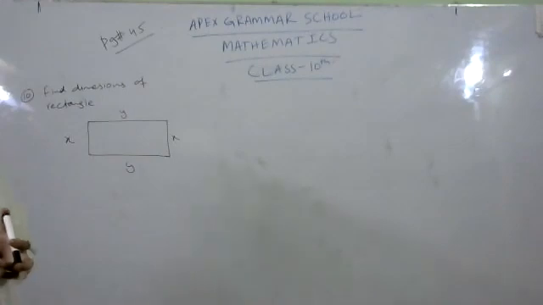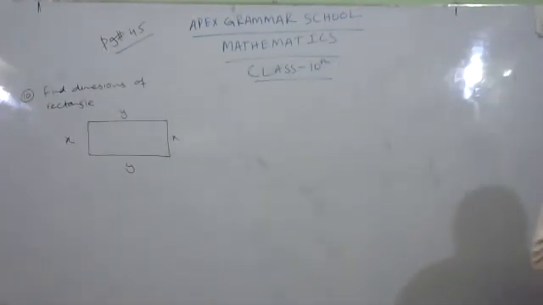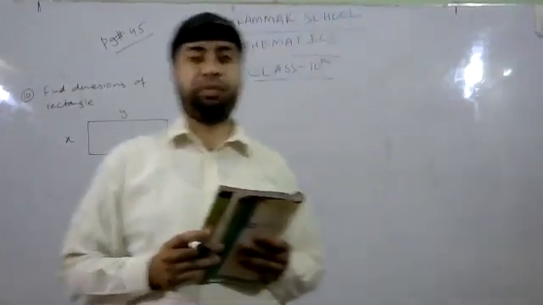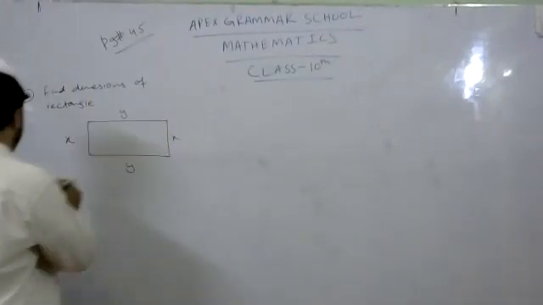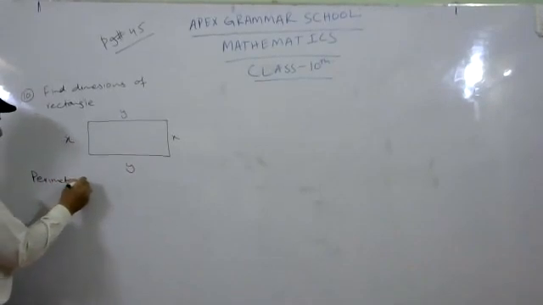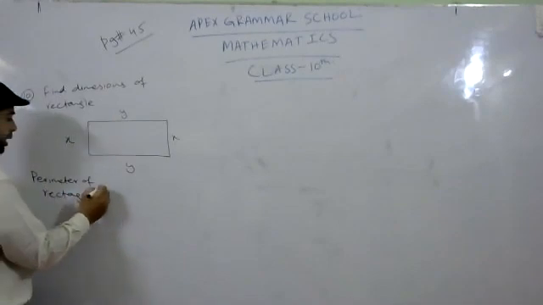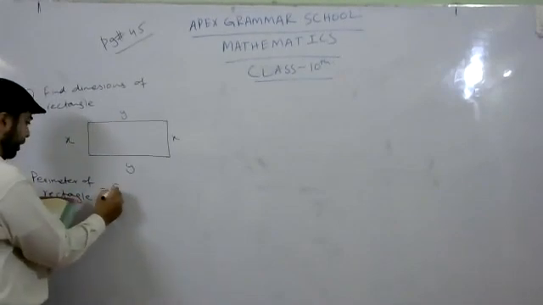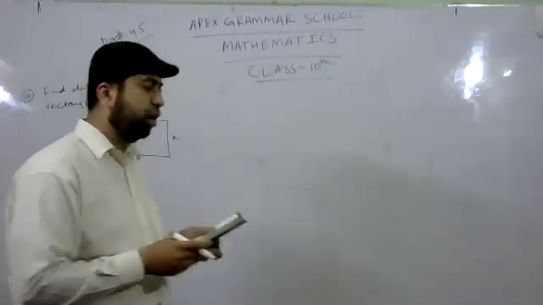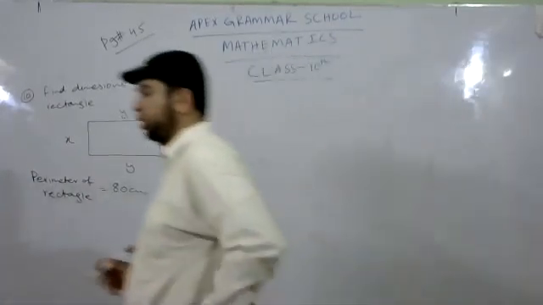These are its dimensions. So the question is, find the dimensions of a rectangle whose perimeter is equal to 80 centimeters, and its area is something. First we will talk about the first condition.